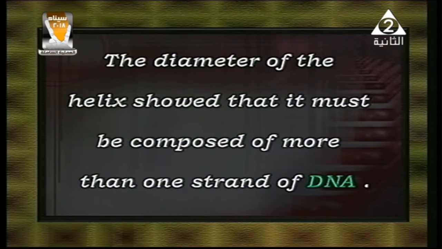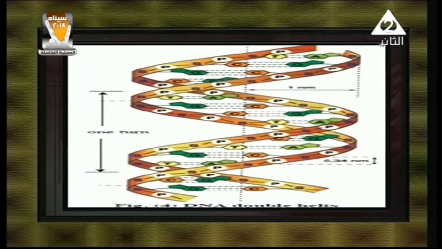She proved also that the DNA should be a double strand, not a single strand. And this is the final structure they agreed upon for the DNA. It consists of what? A double strand, and each strand consists of nucleotides.